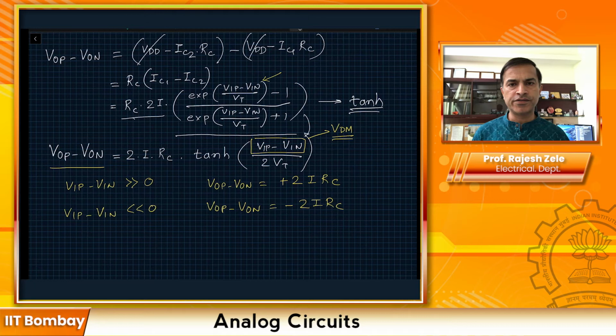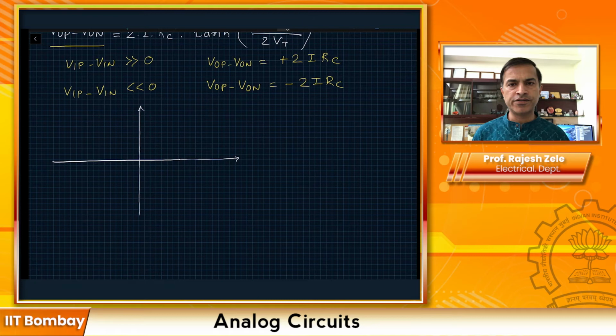So having all this information, now we can plot the transfer function. We're going to plot VIP minus VIN here, and VOP minus VON here. The tanh function looks like this.